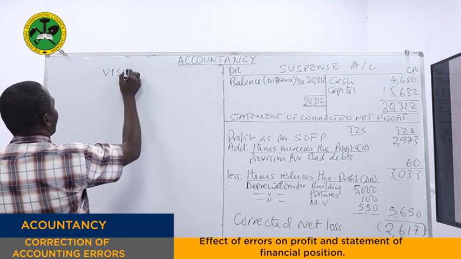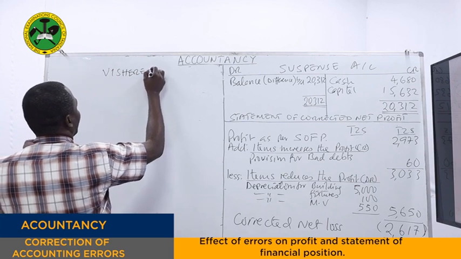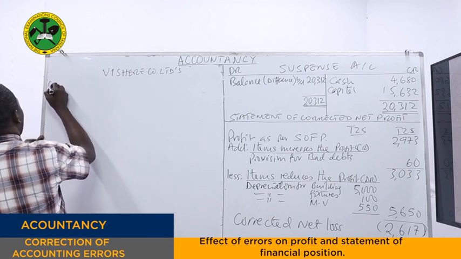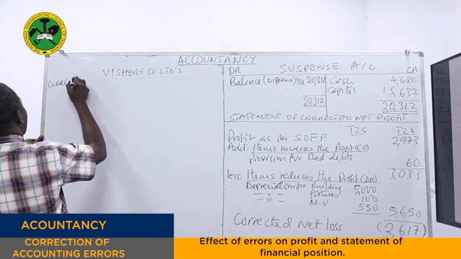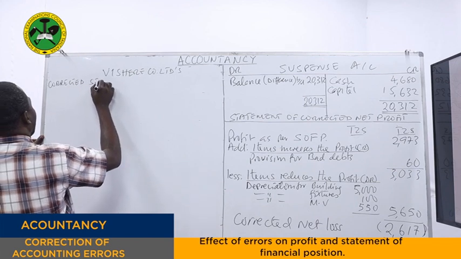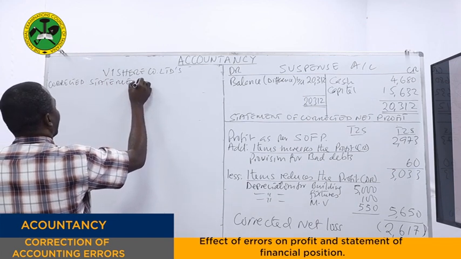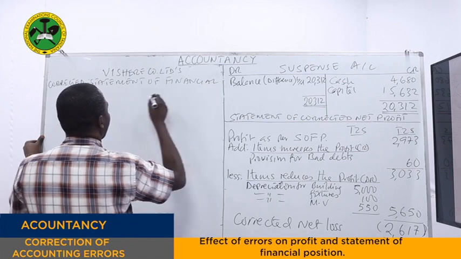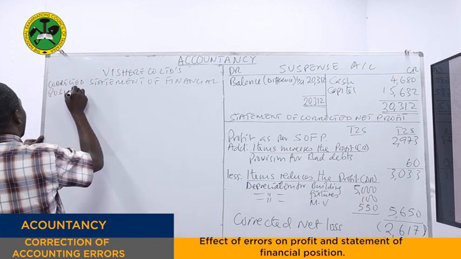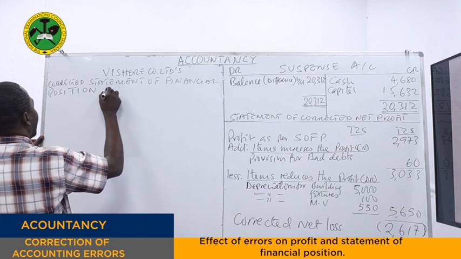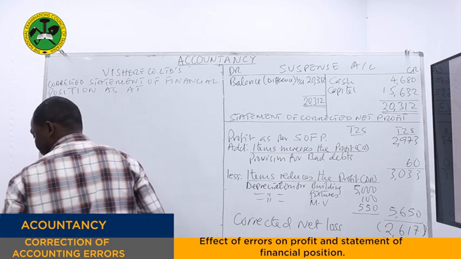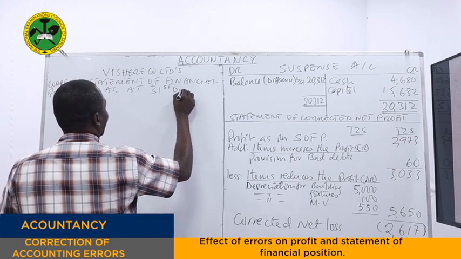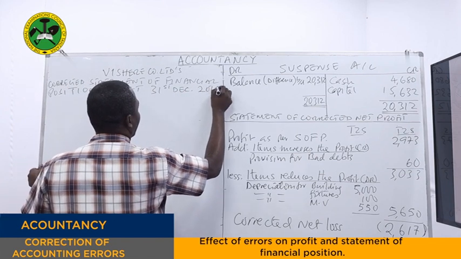This is Vishere Company Limited corrected statement of financial position as at, what was the year end, 31st December 2019?